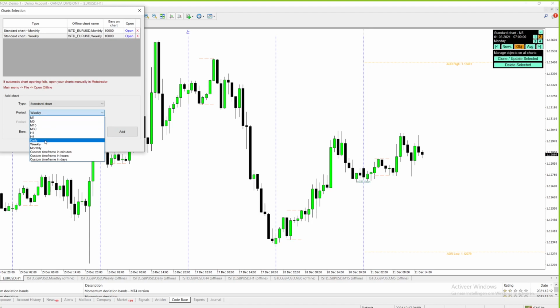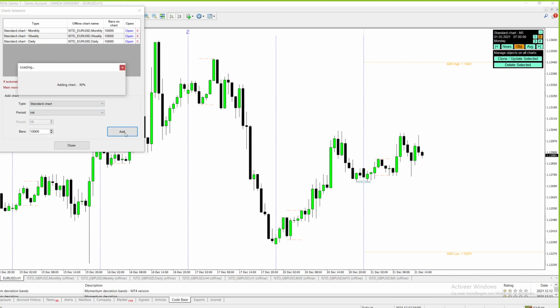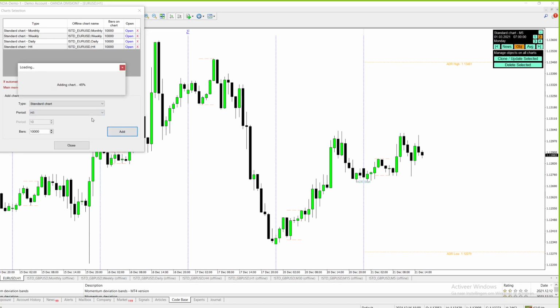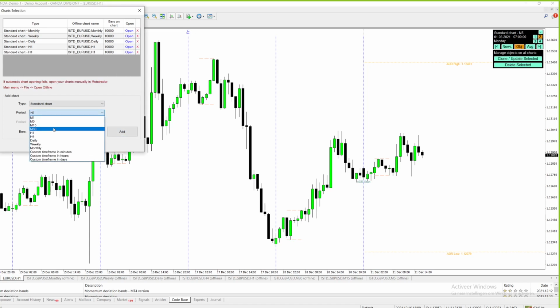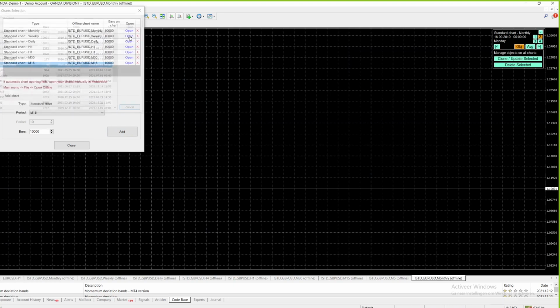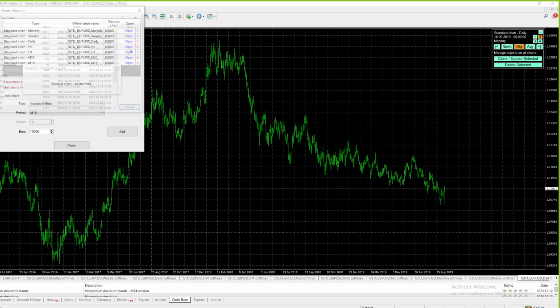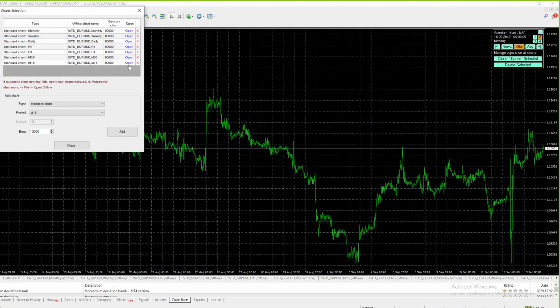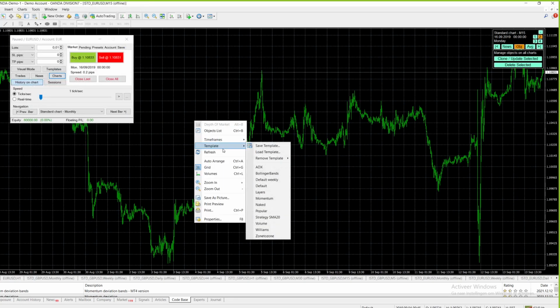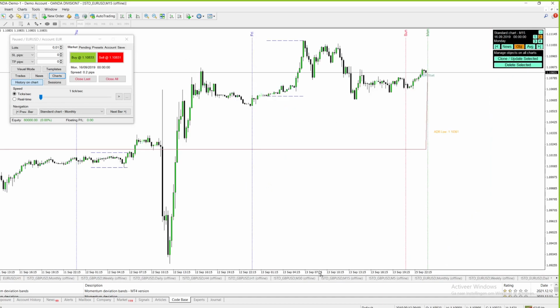And first of all, I'm gonna determine the bias using the monthly, weekly, and the daily, and then determining what kind of market model we're in, and see where we have an IBDR range where you can take a trade in the directional bias which you prefer. So let's open up these charts, and then put on a right template.